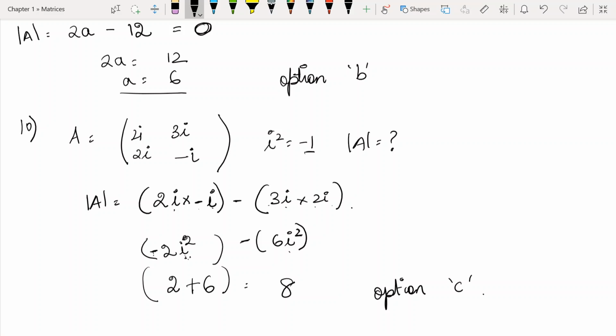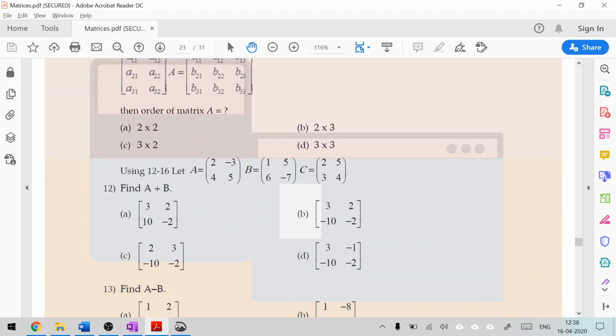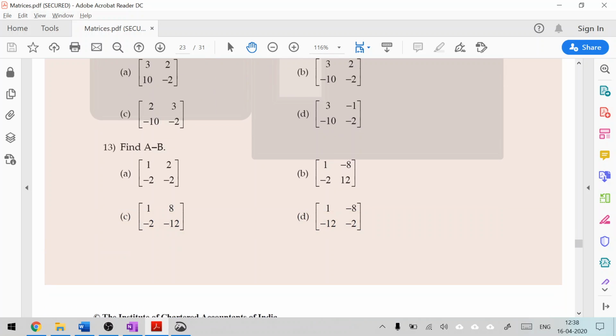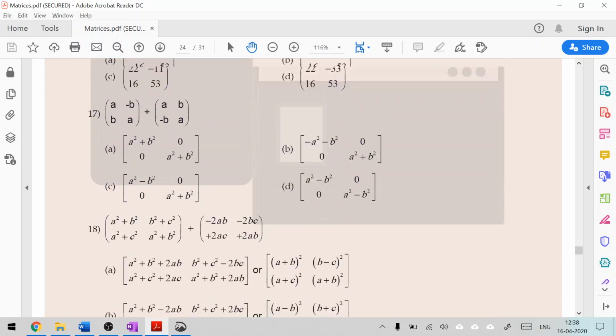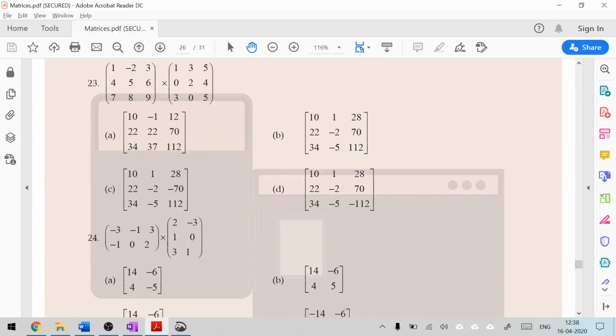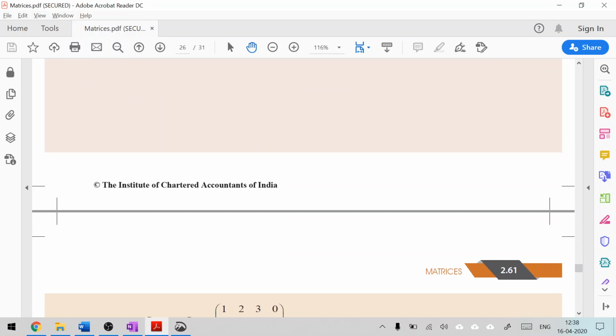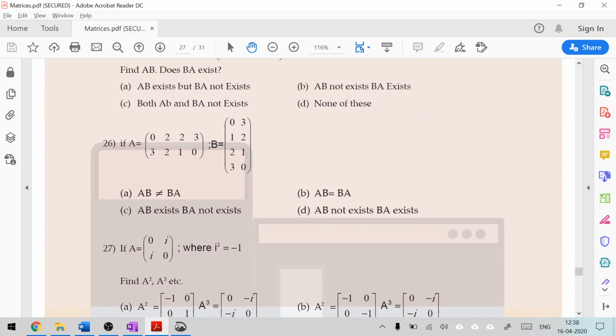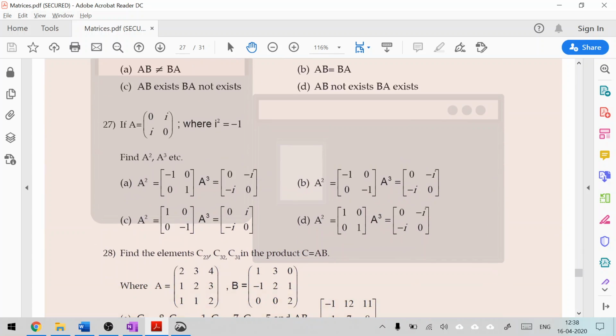Isn't it easy? These are the kind of questions that come in the examination. It will test your fundamental understanding of matrices: 2 by 2 matrix, finding the determinant, that is all. Now shall I give you some practice problems for finding 3 by 3? Question number 27.